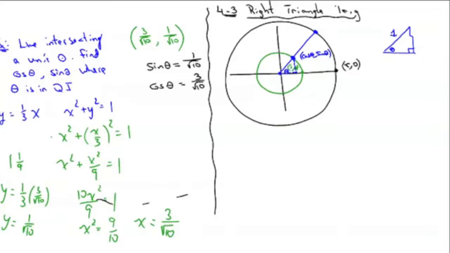If this is cosine theta, sine theta up here, and this point down here is the origin, 0, 0, what's the length of the base of this triangle?